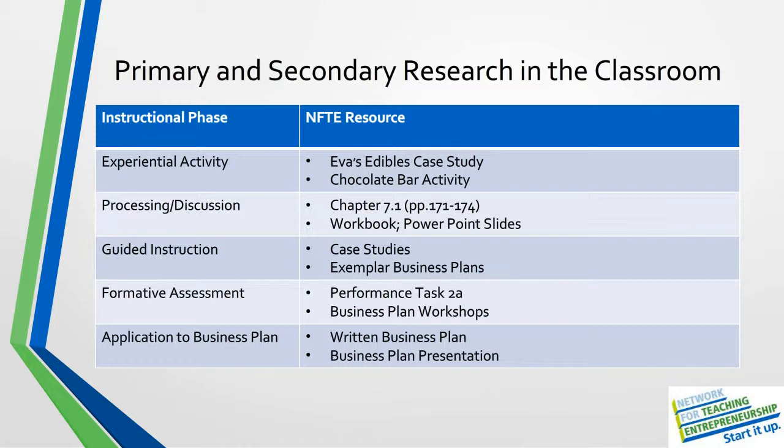Teachers can then use Chapter 7.1 and supplemental materials to formally introduce the content to students. Students should see case studies and investigate model business plan exemplars for guidance. Teachers can formally assess how students are doing by administering Performance Task 2A and reteaching where necessary. Students should then apply their understanding of primary and secondary research to their own business plans as the ultimate demonstration of learning.